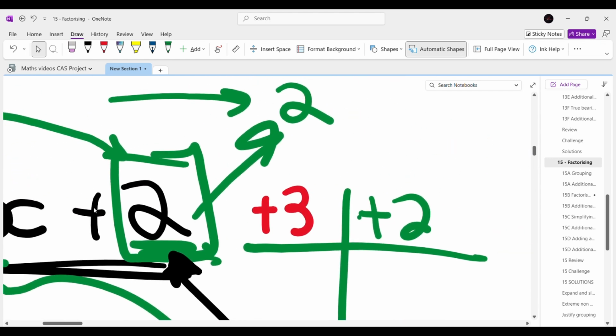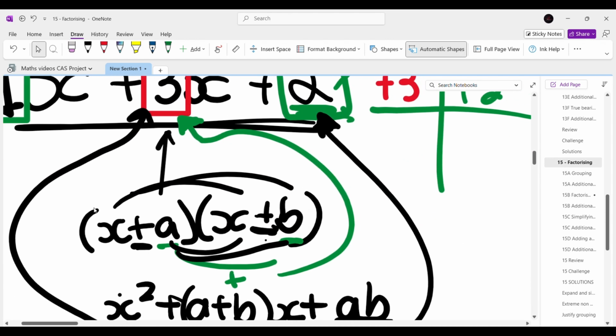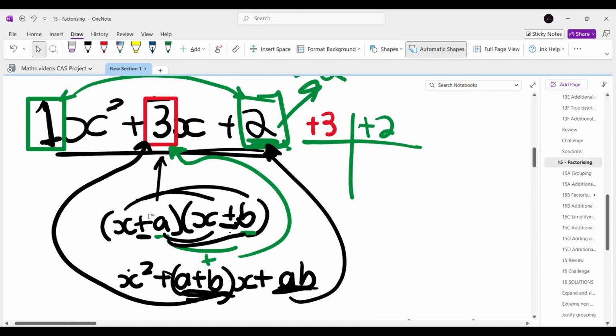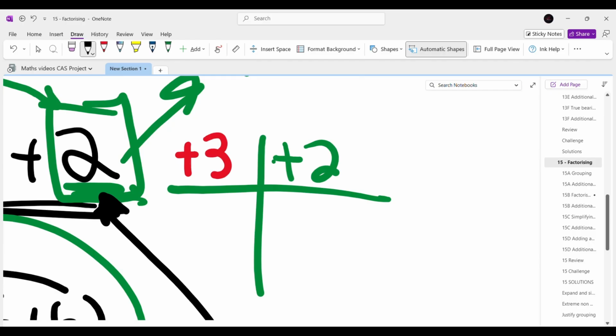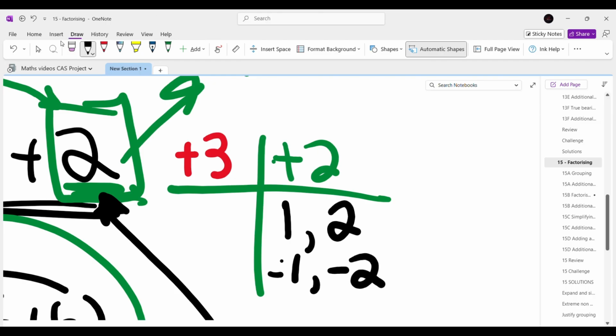So what we need to do is try and find two numbers, a and b, that add to get 3, and that when multiplied we get 2. So what we do here is we list off the factors of positive 2. We've got 1, 2, and we also can't forget about our negatives, negative 1 and negative 2.